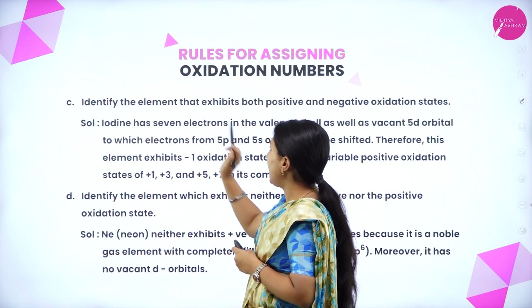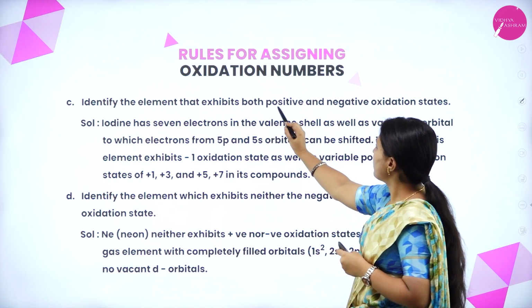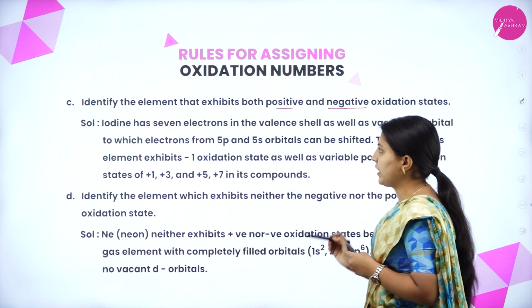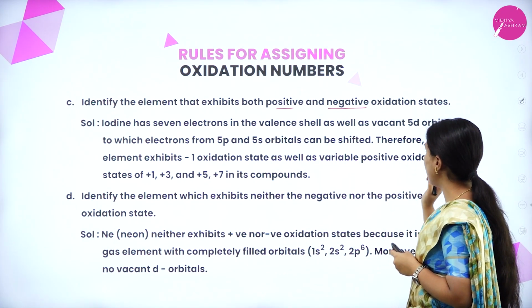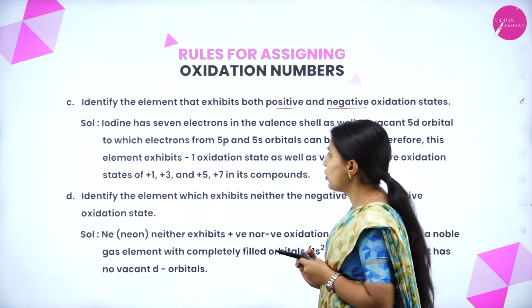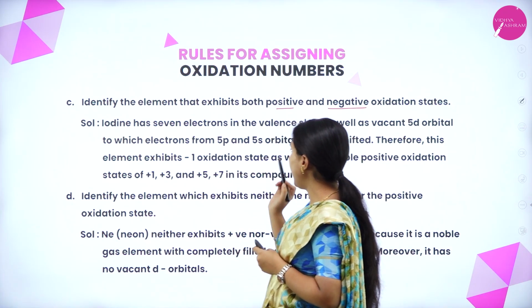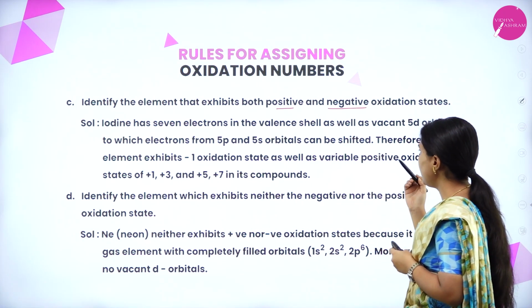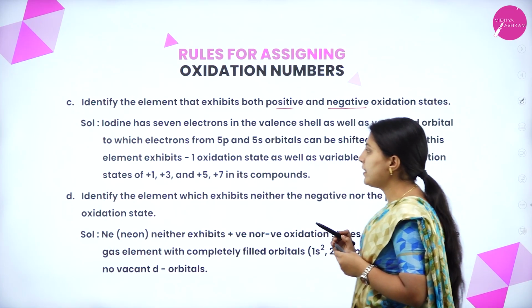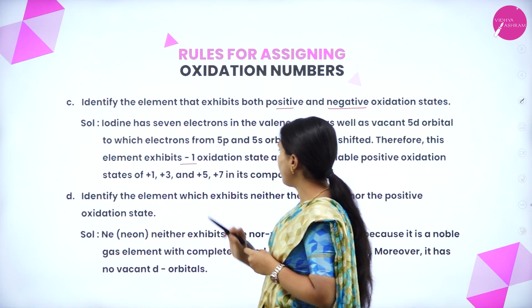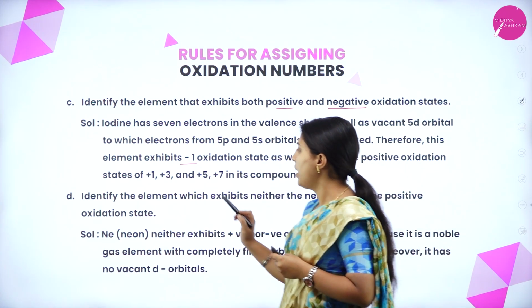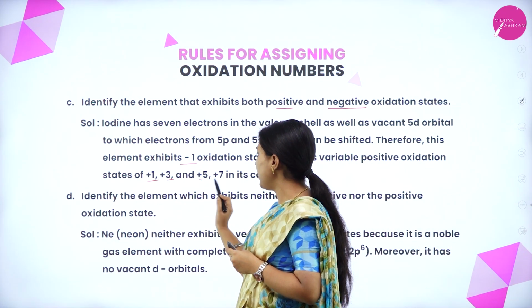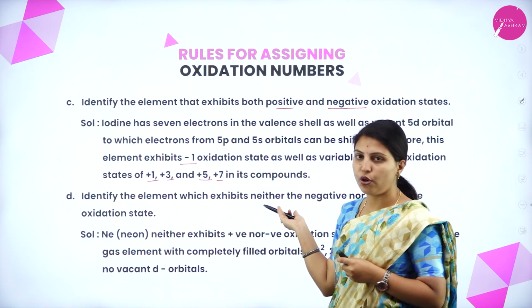Next, identify the element that exhibits both positive and negative oxidation state. Iodine has 7 electrons in the valence shell as well as vacant 5d orbitals, to which electrons from 5p and 5s orbitals can be shifted. Therefore, these elements exhibit minus 1 oxidation state as well as variable positive oxidation states of plus 1, plus 3, plus 5, plus 7 in its compounds.